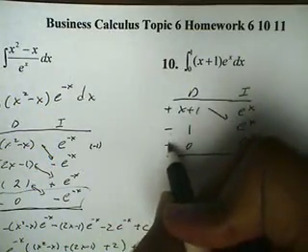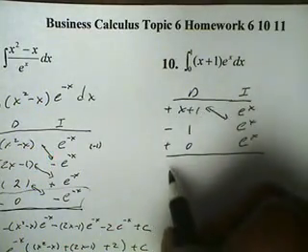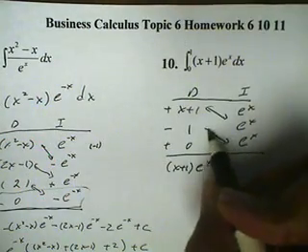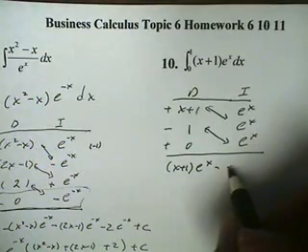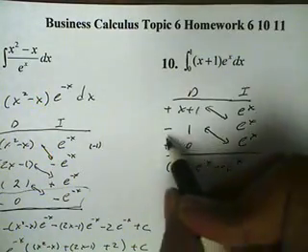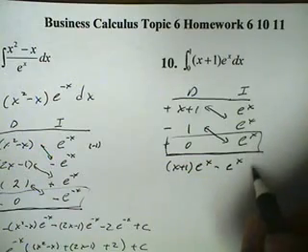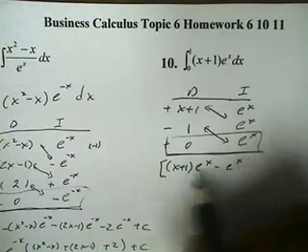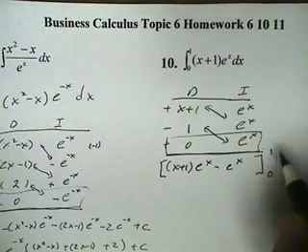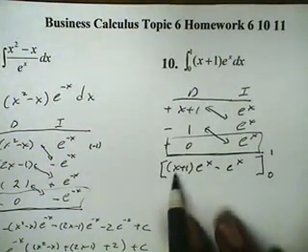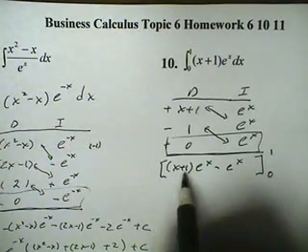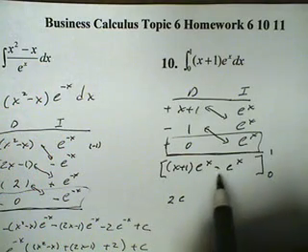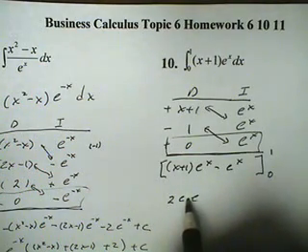And we'll have a plus, minus, plus, and we're going to combine these two to get (x plus 1) e to the x. Combine these two to get a negative 1 e to the x. And when we multiply these two, we'll get 0, and that'll be c when we take the antiderivative. But we don't need the c because we're going to evaluate this from 0 to 1. So when I put the 1 in here, I'll get a 2 e to the first power, minus an e to the first power.